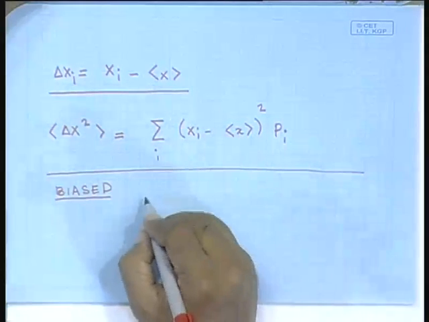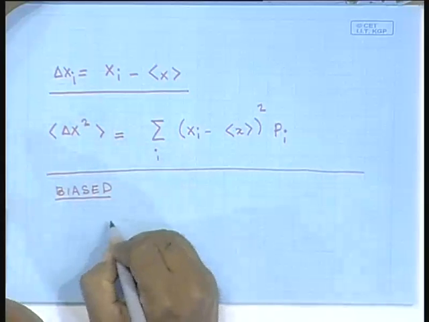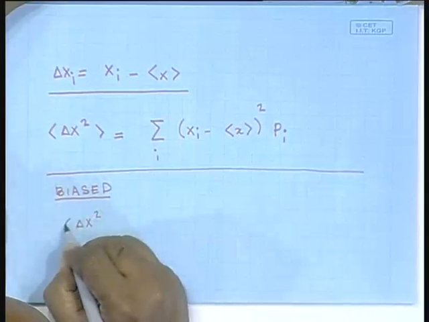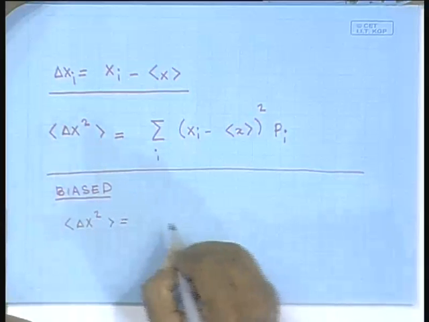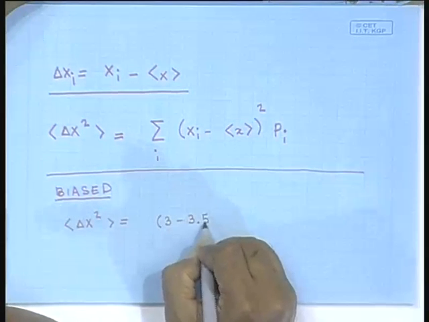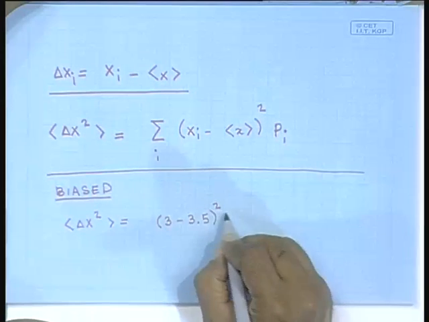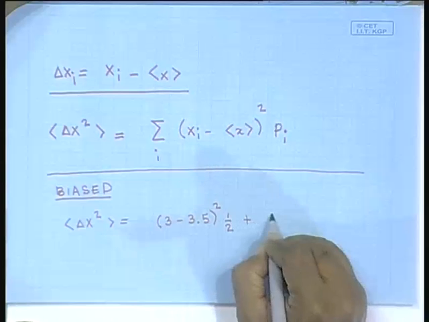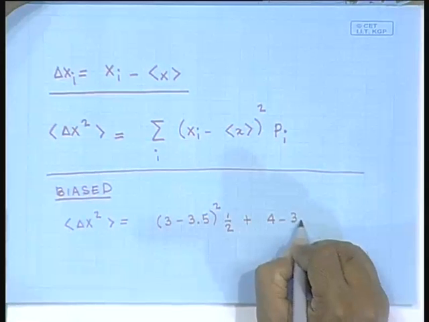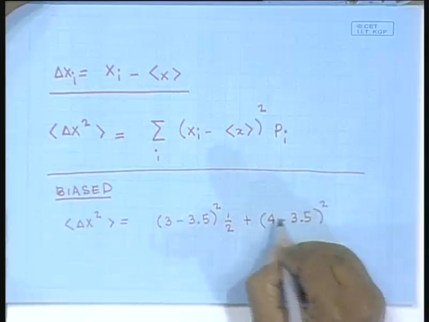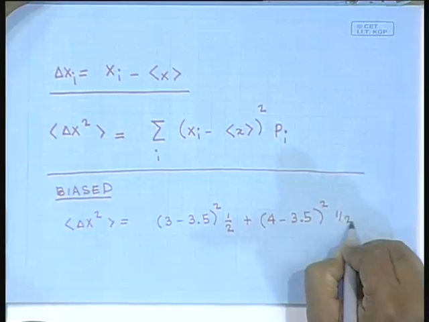Let me calculate the mean square deviation: delta x squared is equal to (3 minus 3.5) squared into the probability of getting 3, which is half, plus (4 minus 3.5) squared into the probability of getting 4, which is half.